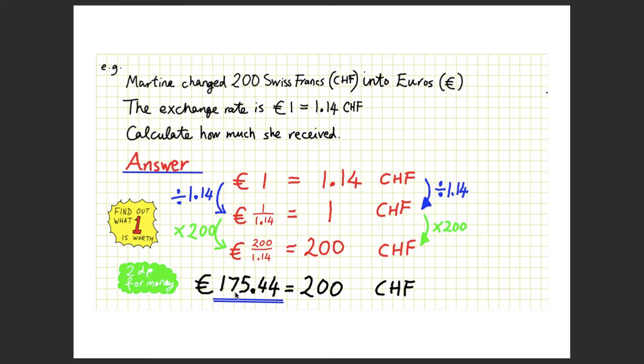So my 175.44 euros has been rounded to 2 decimal places, and generally speaking, if you're working with money, it's usually 2 decimal places because you normally get 100 of something equals the big unit. Okay, so you need to take notes from that.